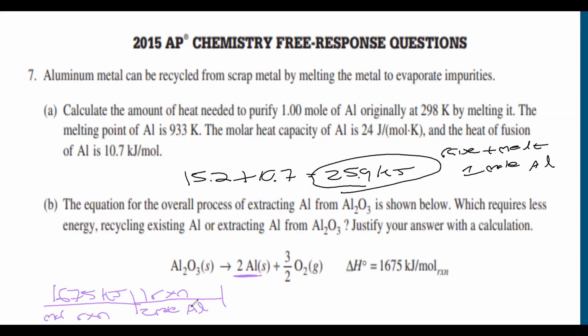So reaction cancels out, and now we find how many kilojoules per 2 moles. 1,675 divided by 2 gets you 837.5 kilojoules per mole of aluminum.